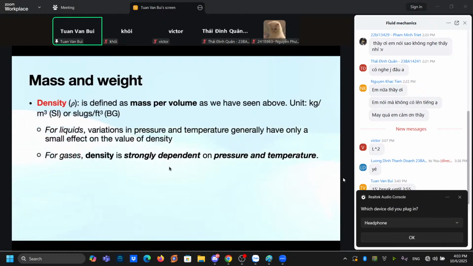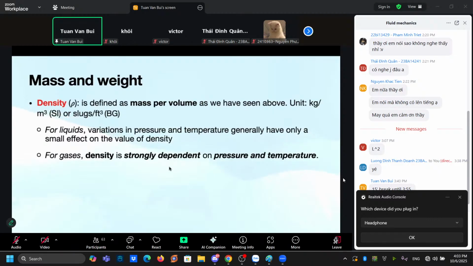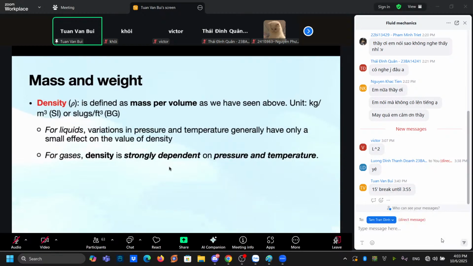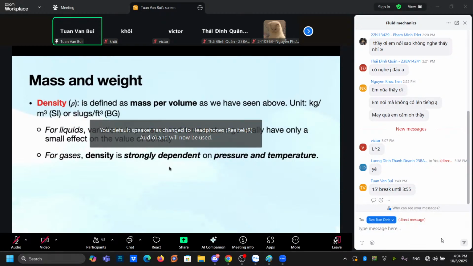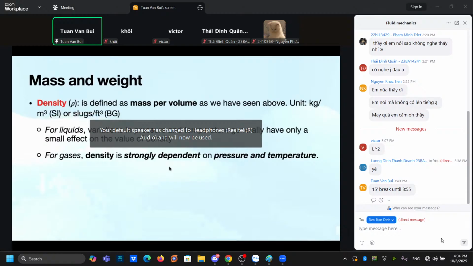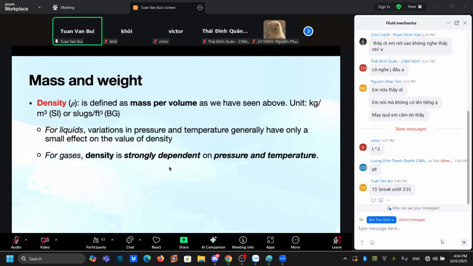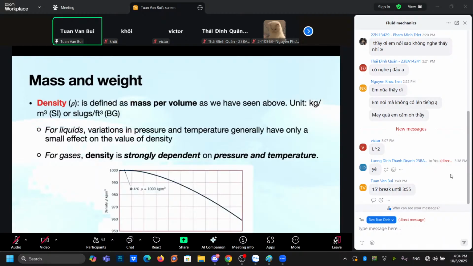You can change the density easily by using a pump, if you have a pump at home. I'll say like when you blow up a ball, you can change the density and also the volume and the pressure easily for the gas. Okay?